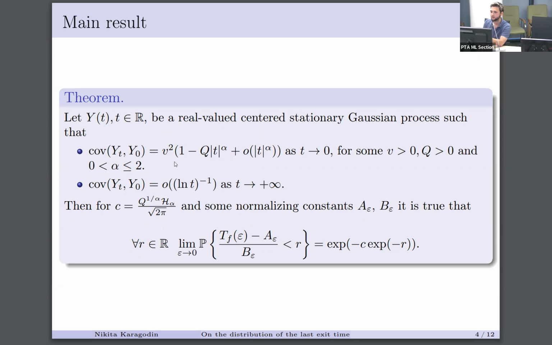So we scale the y coordinate, and you can also scale just the process. You can divide it by V, so if you consider t equals 0, you get that the variance of Y0 is just V squared. So it's not an important parameter, it's just in the definition. But the first thing we do is divide by V, because you can scale not only the boundary, but the process itself.